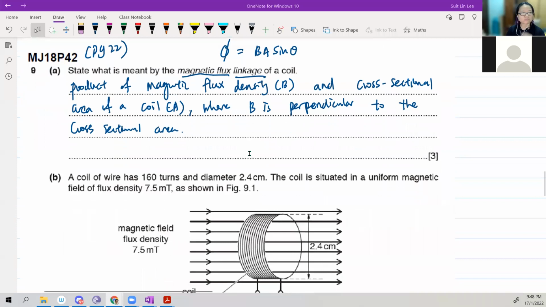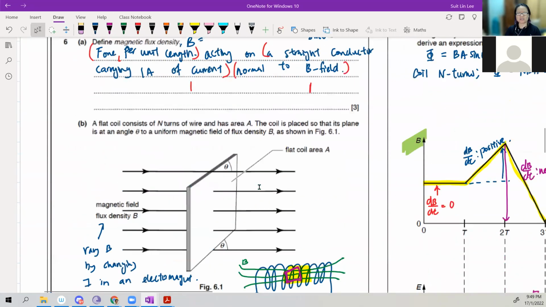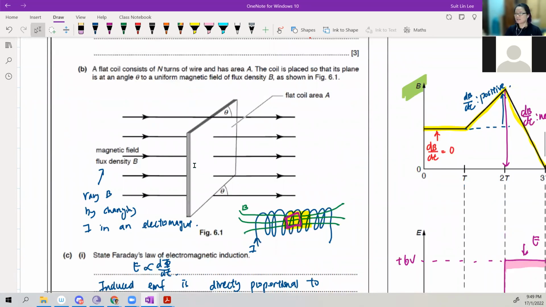All right, moving on. Here you have a coil, 160 turns, diameter 2.4, and got D. The coil is situated in a uniform magnetic field of flux density 7.5 millitesla. Okay, this one sort of looks like this, right? I mean, rectangle, circle, all same.